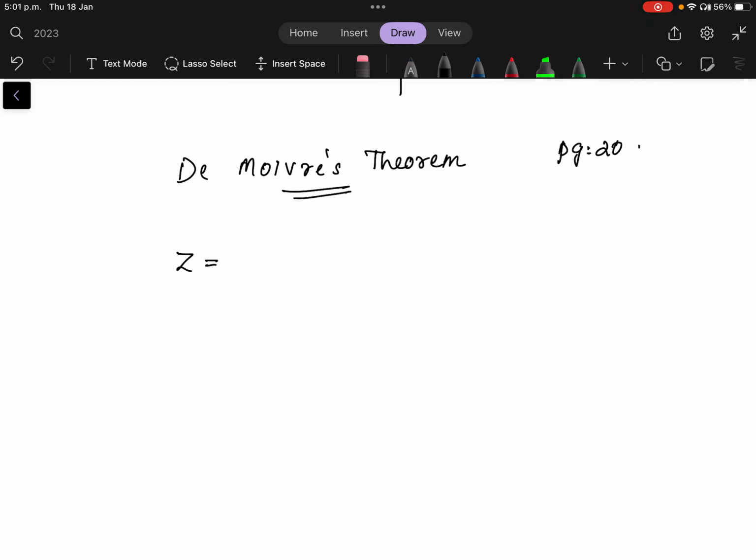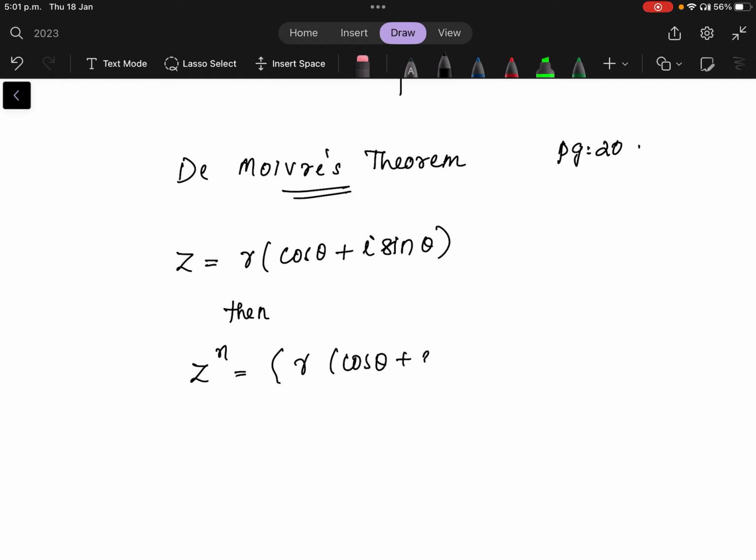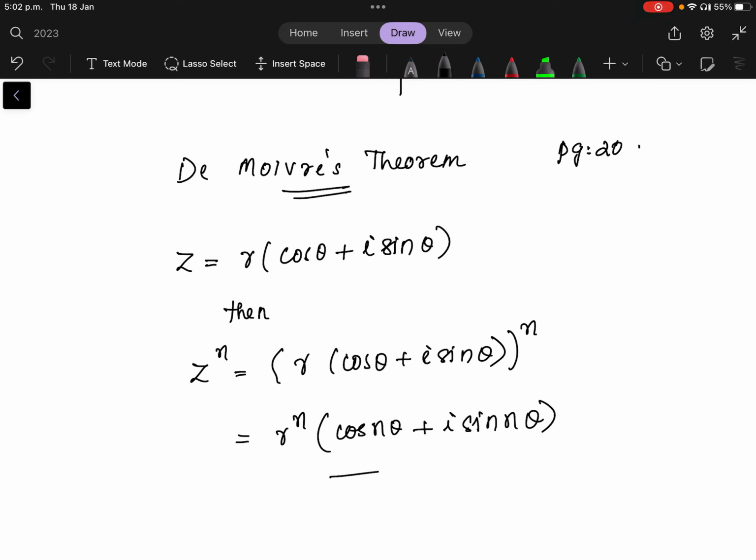De Moivre's theorem says that if z is equal to r cos theta plus i sin theta, then z to the power of n can be written as r cos theta plus i sin theta, all to the power of n, which can also be written as r to the power of n cos n theta plus i sin n theta. Okay, so this is De Moivre's theorem.